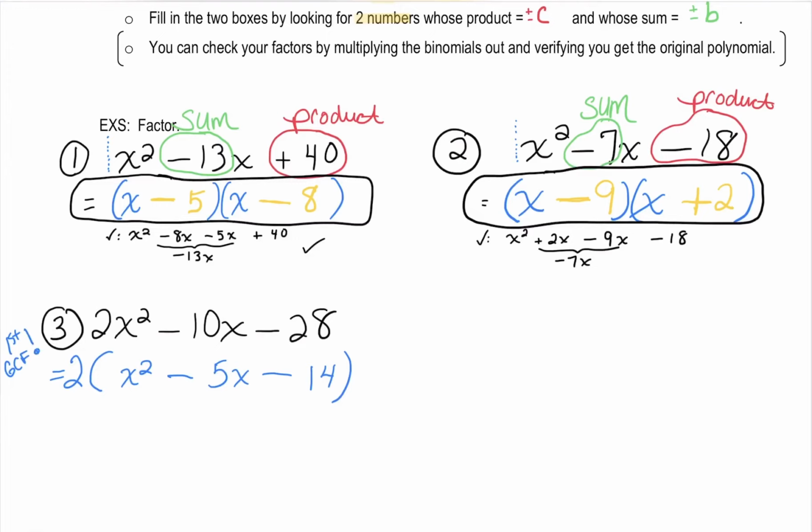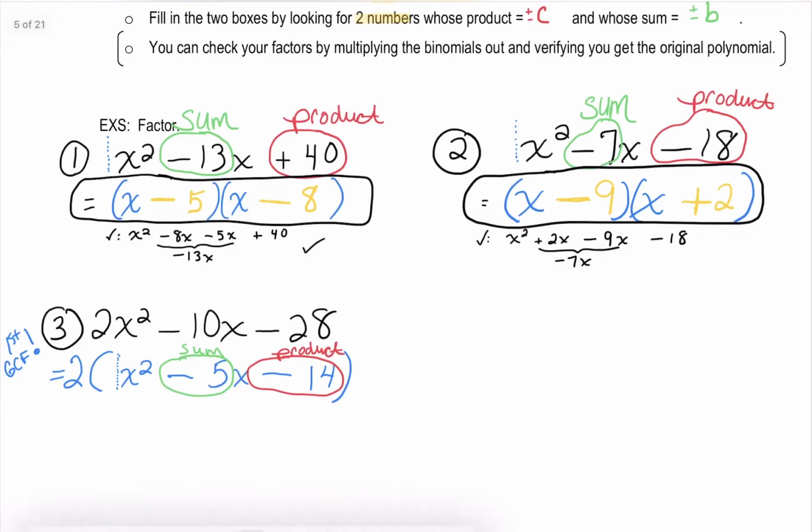All right, now in the set of parentheses, I do have that 1x squared, the x term, and the constant. So that is what will now allow me to think about just what's in the parentheses, looking for the sum of the -5 and the product of the -14.